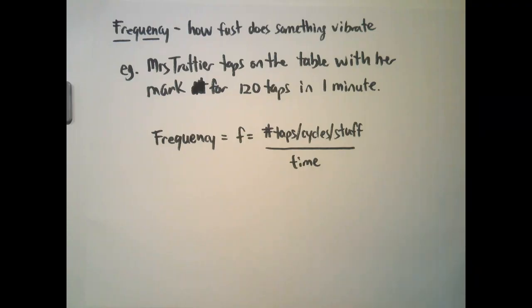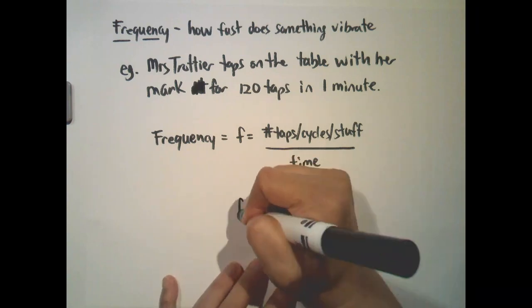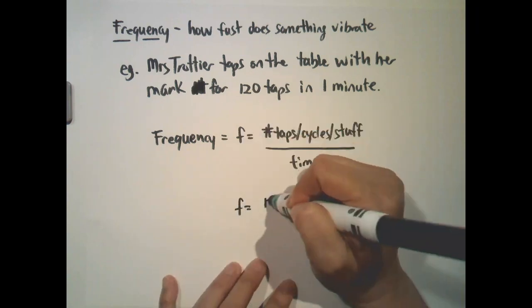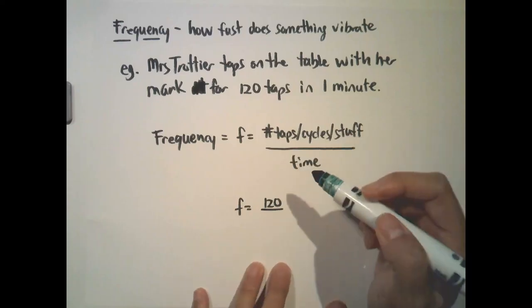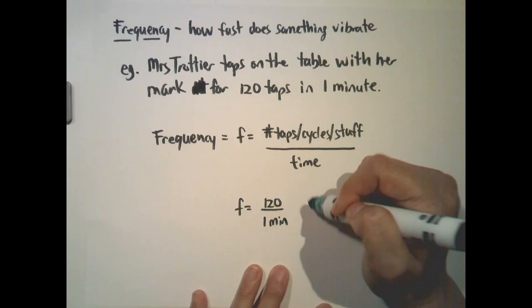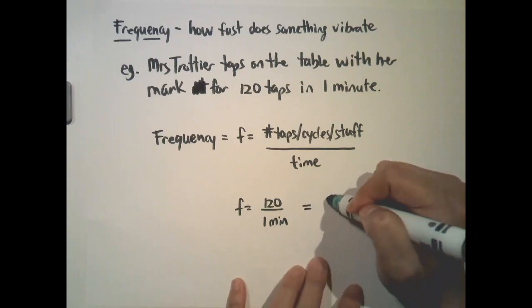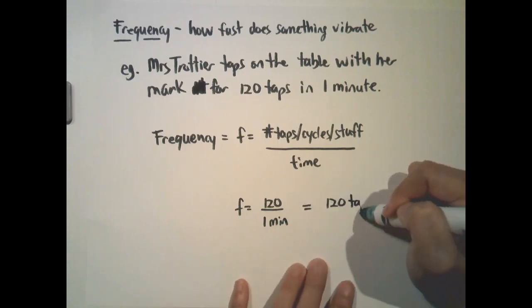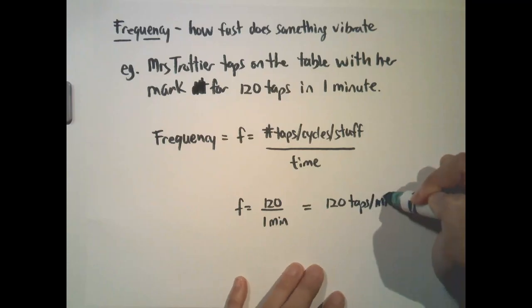So it doesn't matter the time. Depending on the subject matter, you can decide if it's seconds or minutes or hours, okay? And so that's sort of the formula. So in this case, we have 120 taps divided by 1 minute, so the frequency is 120 taps per minute, okay?